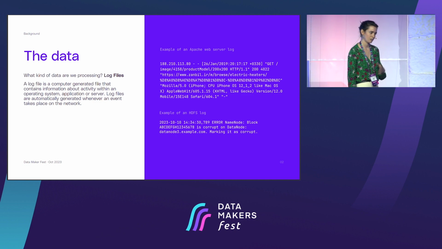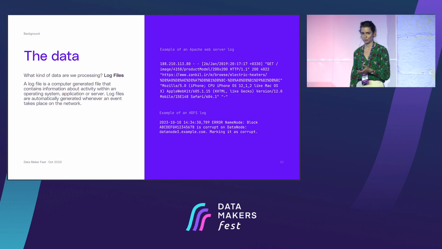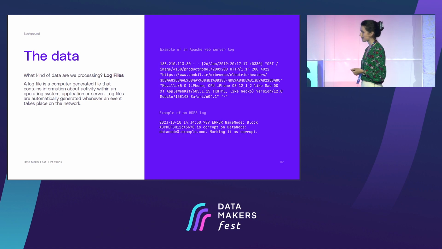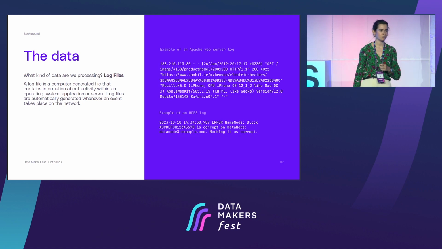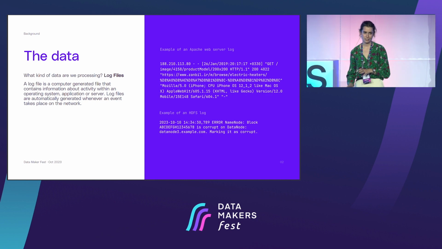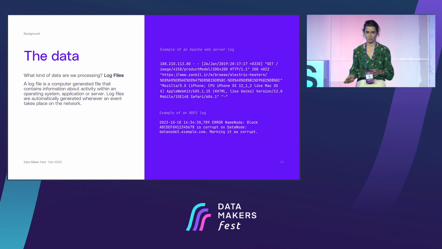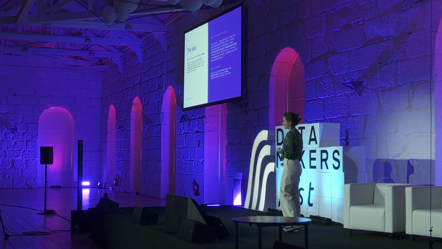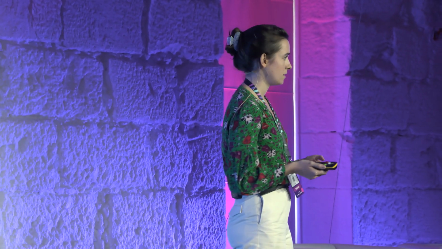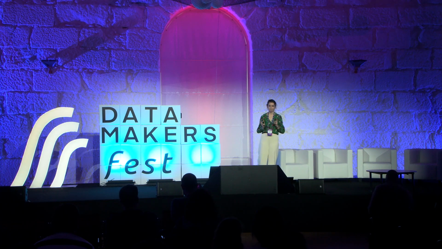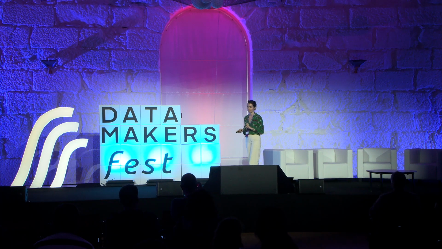They are a pillar of data observability, but for those of you who don't know, log files are computer-generated files that contain information about activity within an environment. It can be a server, it can be an application, it can be many things. The thing to remember is that they are generated automatically every time an event takes place in a network, right?